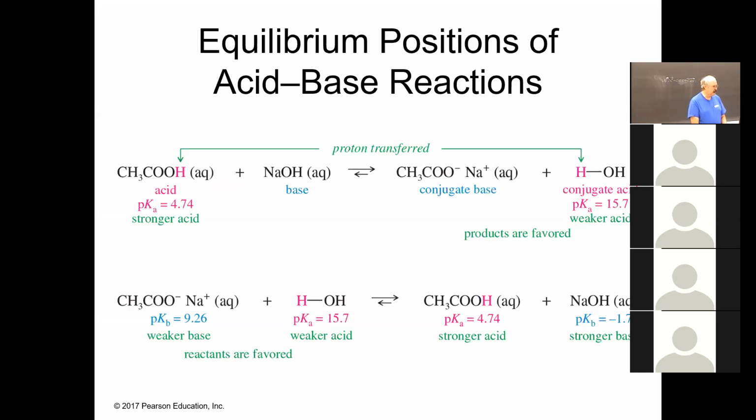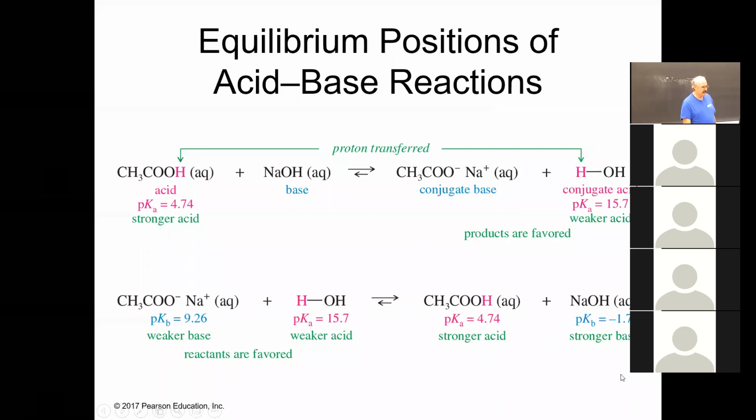Remember, the stronger the acid, the weaker its conjugate base. This is an important concept: when we have an acid-base equilibrium, it's always going to favor the side of the weaker conjugate acid-base pair. It always goes from stronger to weaker.